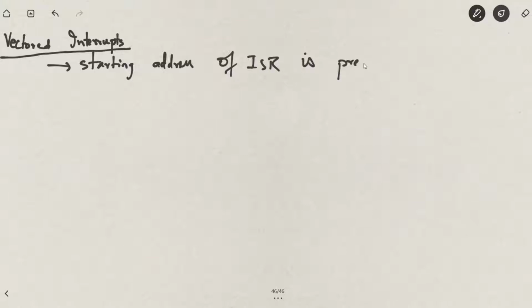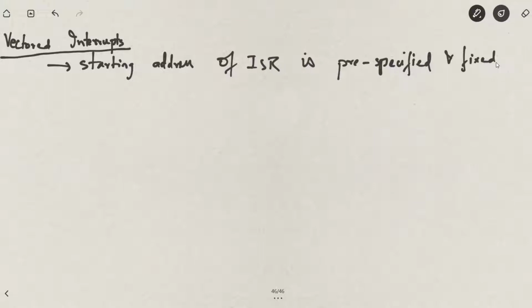It will not change, as in the case of INTR, where the address is not pre-specified. We can have different addresses for the instructions. Here it is pre-specified and fixed.